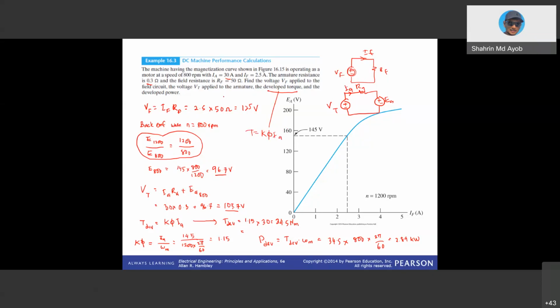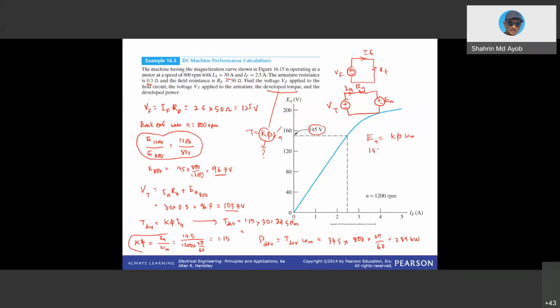IA is given as 30 amperes, but we don't know the K flux, which you can calculate based on these given values. We know that EA is equal to K flux times speed, right?